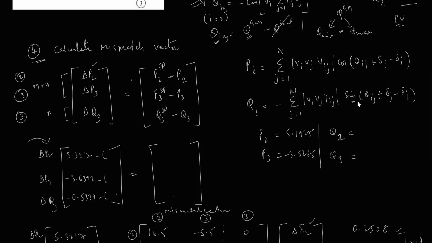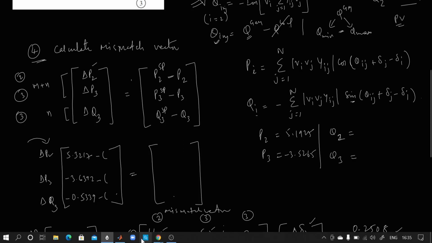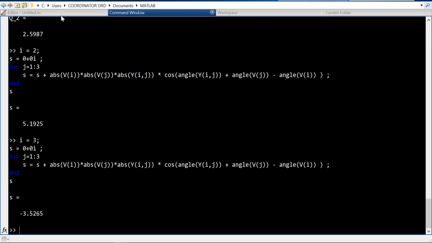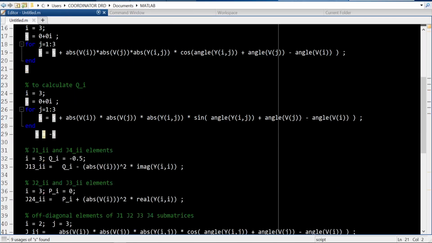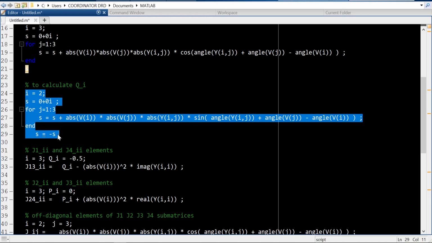And Q2, Q3. Now for Q2 this is sign and this is minus value I am taking. Now I calculate first Q2, then Q3. So I equals 2 I have substituted there. Now I evaluate this one.